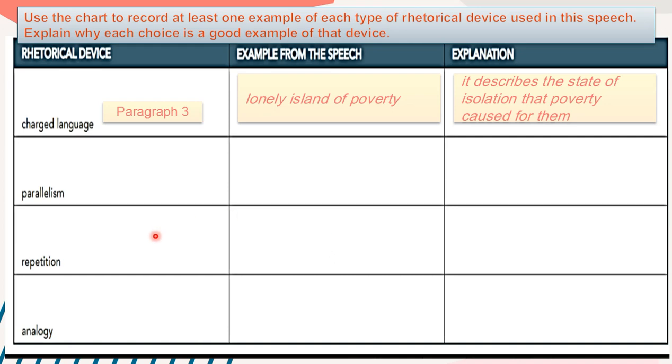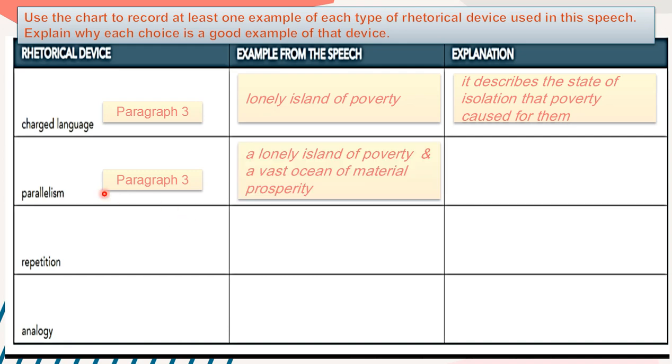Okay, parallelism. Parallelism is repeating the same structure, not words. Where can you find it? Look in paragraph 3. Here, when he said, a lonely island of poverty and a vast ocean of material prosperity.